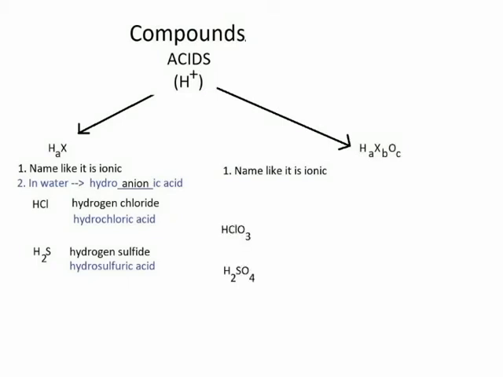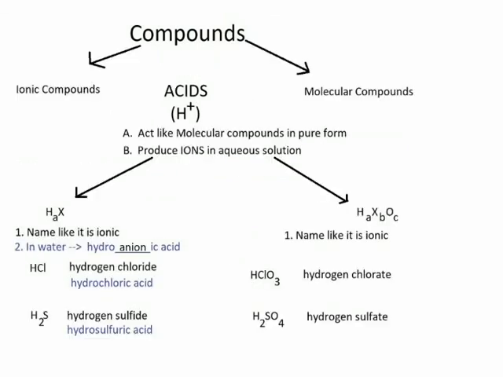So to name these two compounds as if they were ionic, you simply name the hydrogen and follow it with the name of the complex ion. Those two compounds could be simply named, respectively, hydrogen chlorate and hydrogen sulfate. And that wouldn't be wrong.